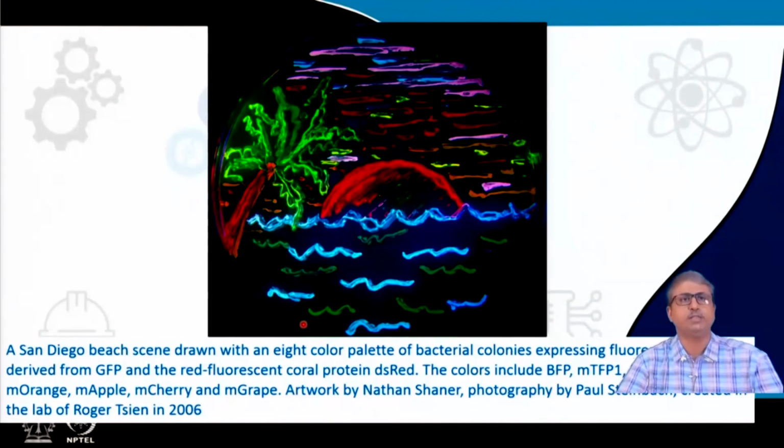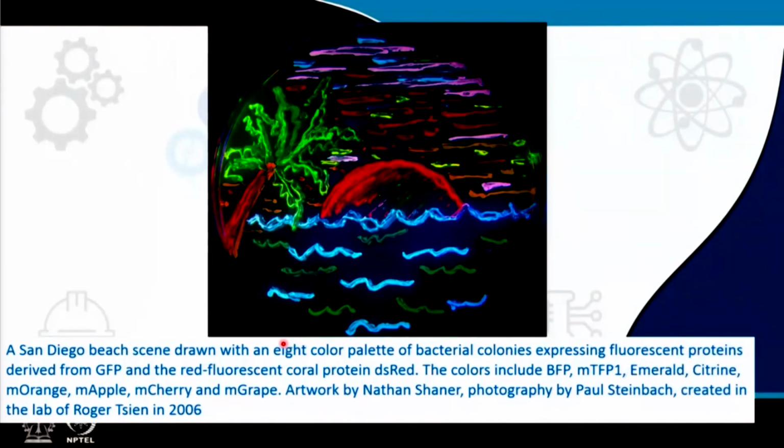Subsequently, as I mentioned, many different types of fluorescent proteins have been isolated, and the genes encoding them have been obtained. So, here is a picture of microbiological art, where a San Diego Beach scene is drawn with an 8 color palette of bacterial colonies expressing fluorescent proteins derived from GFP and the red fluorescent coral protein DsRed.